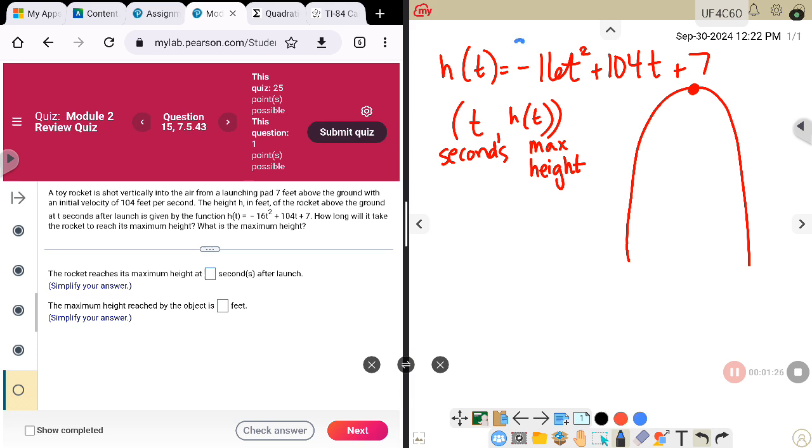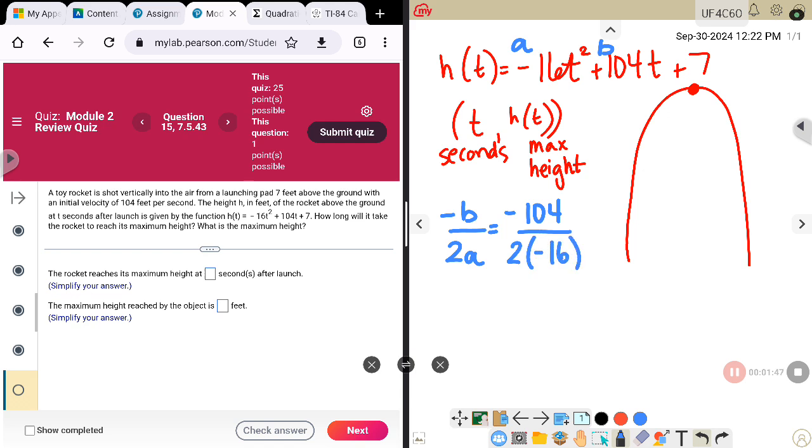So I'm going to find the vertex by using the opposite of b over 2a. If b is 104, the opposite of it is negative 104. 2 times a, my a is negative 16.